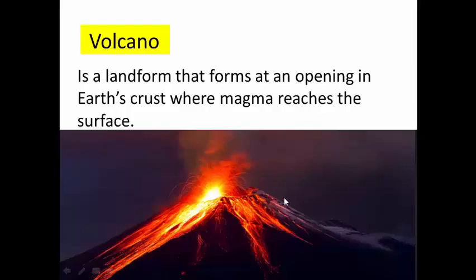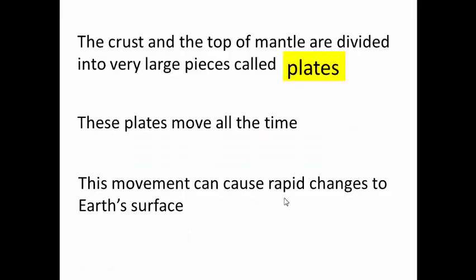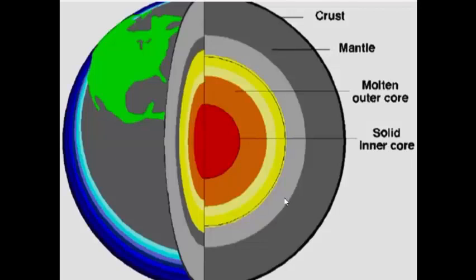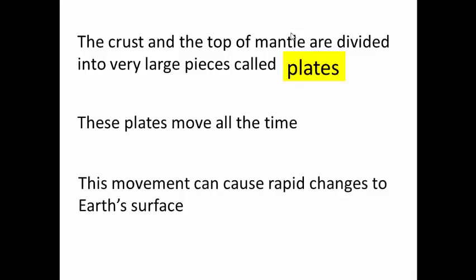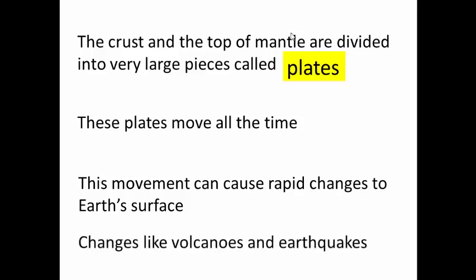Right now, let's revise together our today's session. We mentioned that we have the Earth and we have the crust and mantle, and the crust and mantle are made of large pieces we called plates, and the plates move all the time. The movement can cause rapid change to Earth's surface, and that's why it causes volcanoes and earthquakes.